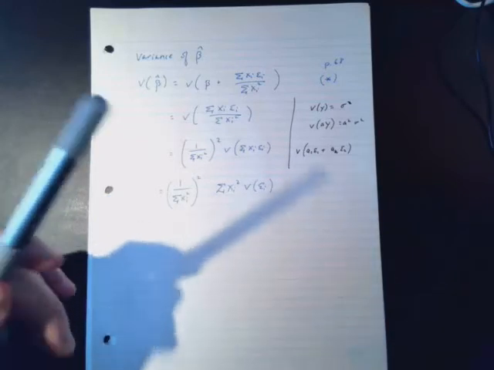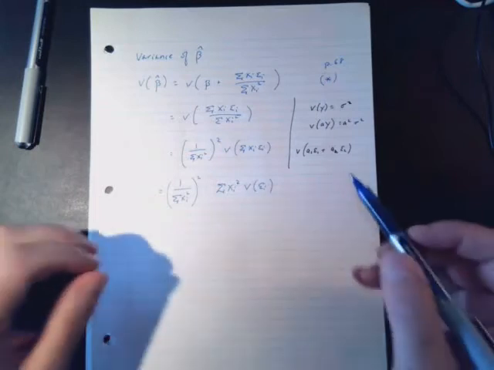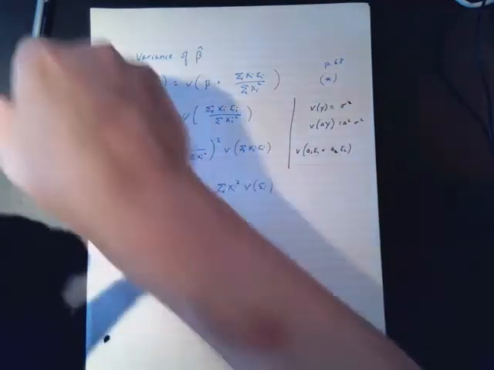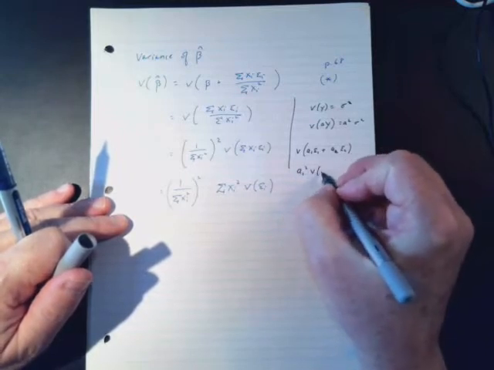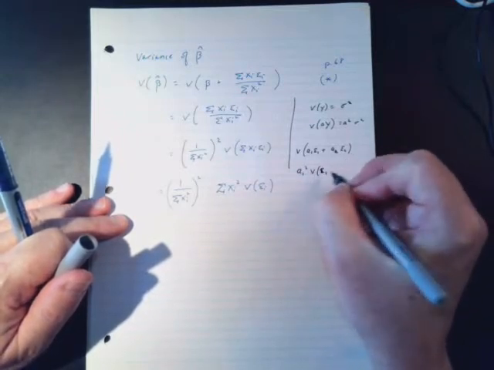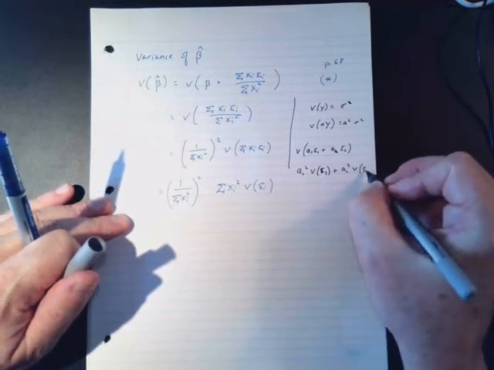You go back over the rules of working with variances, and what you'll see is you get a1 squared times the variance of epsilon 1 plus a2 squared times the variance of epsilon 2.